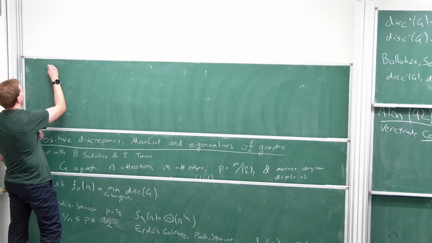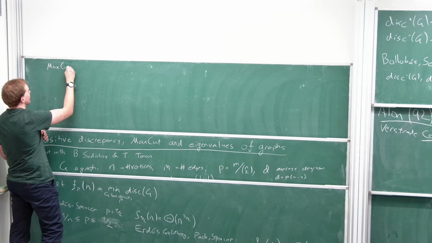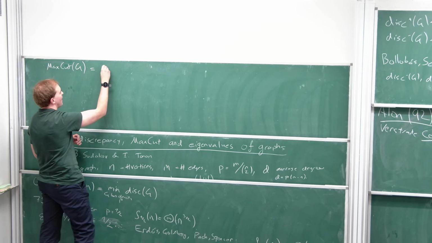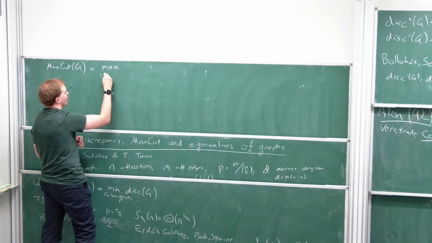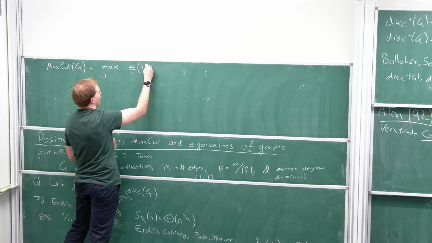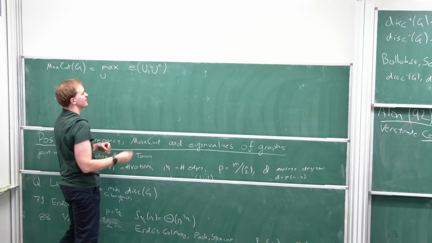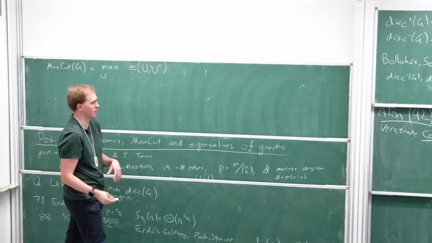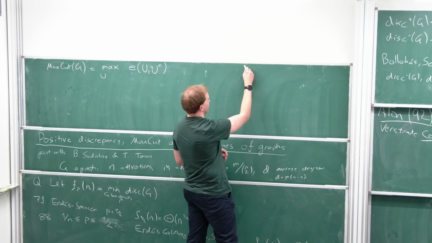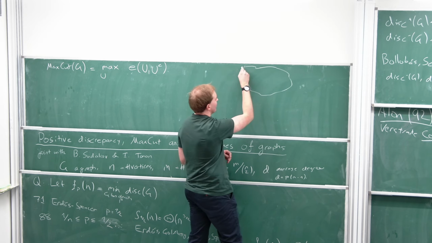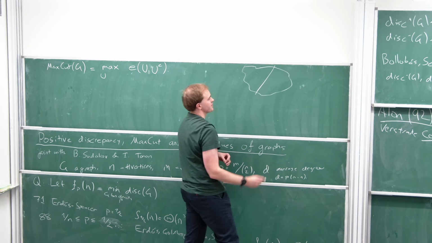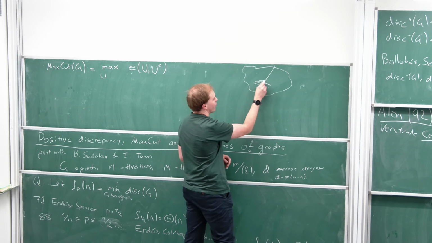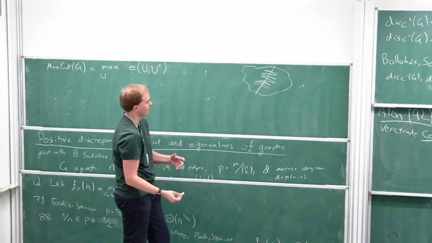MaxCut of G is just the maximum number of edges between U and its complement, where we range over all the possible subsets U. So if you have a graph over here, we partition it somehow into two parts, and we count the number of edges going across.